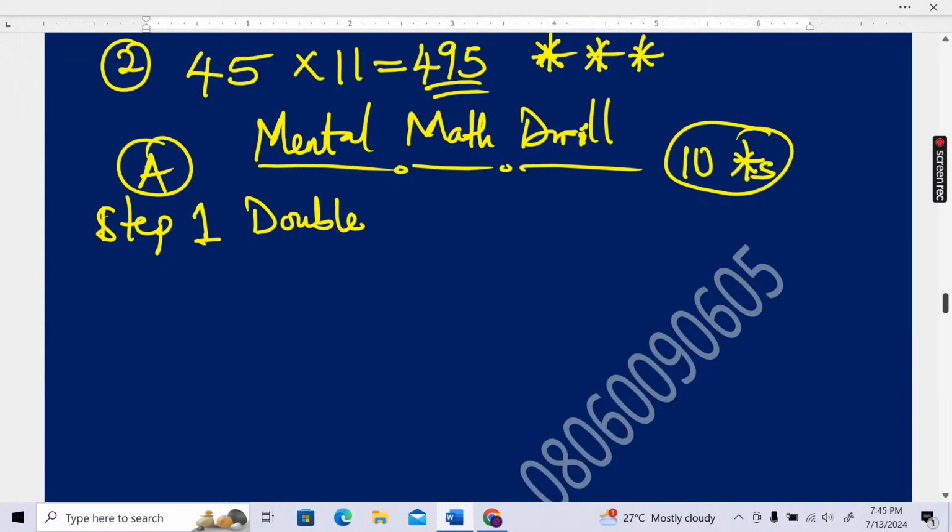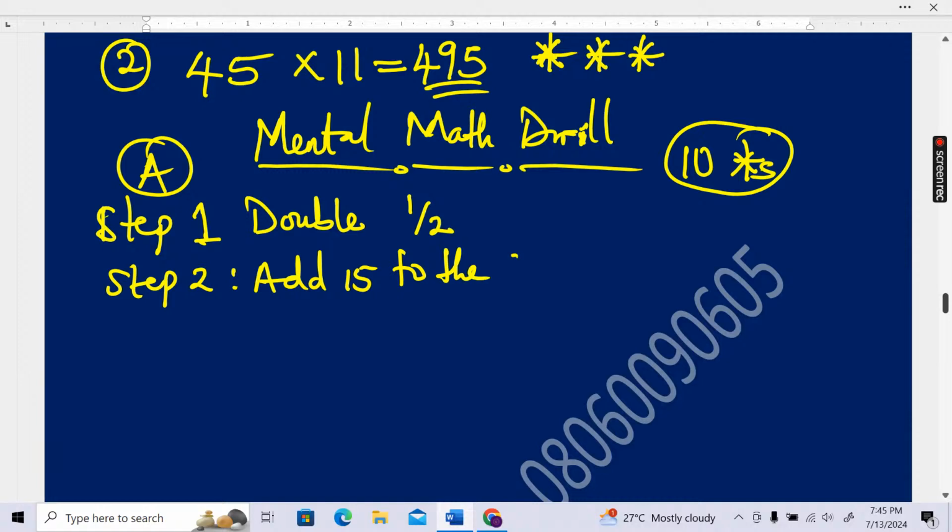Step 1, double half. Make sure you keep your answer. Don't post answer if I don't ask you to post answer. Just follow my instruction. I'm going to give you about 5 instructions. So step 1, double half. Step 2, add 15 to the answer in number 1.